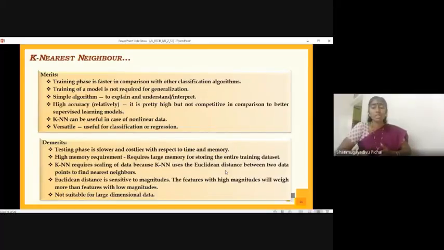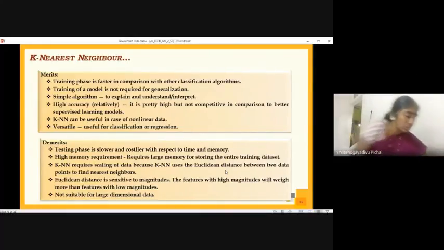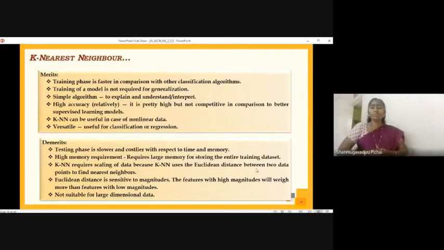In such cases, storing them again becomes a kind of overhead. So Euclidean distance is sensitive to magnitude.